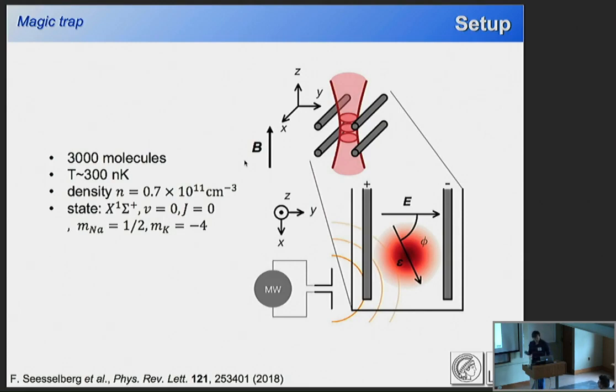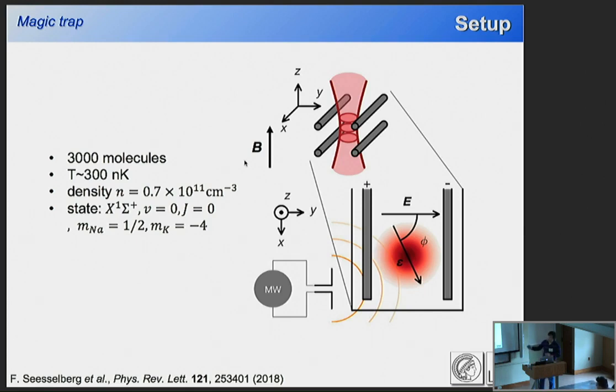I want to just show our setup a bit. To investigate this spin-decoupled magic trap, we use a 1D lattice with a 1064 nanometer wavelength, trapping the molecules in a few 2D layers, and we use 4 in-vacuum electrodes to generate a horizontal electric field.